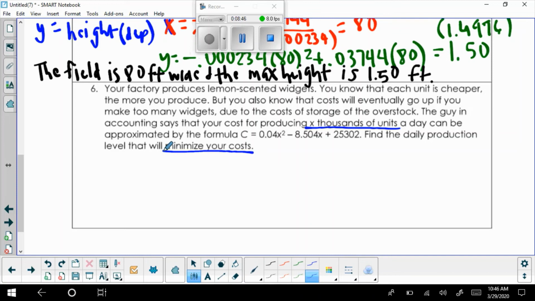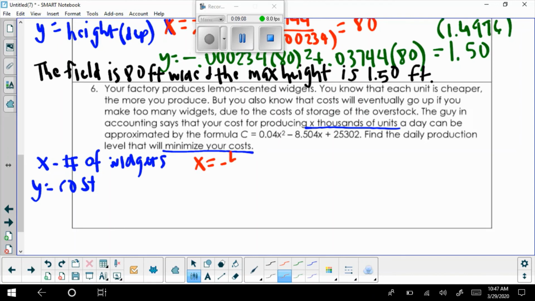All right, so X would be the number of thousands of units of widgets, and then Y would be our cost. So it is in standard form, so we're going to start by doing opposite B over 2A. So that's positive 8.504 over 2A.